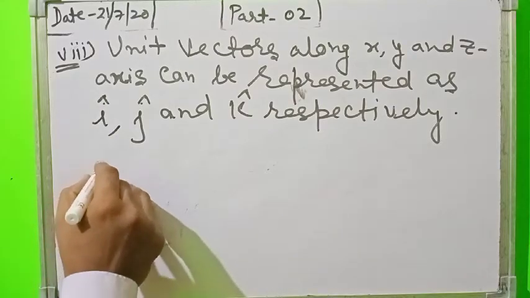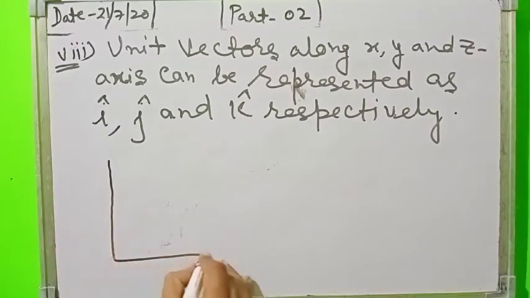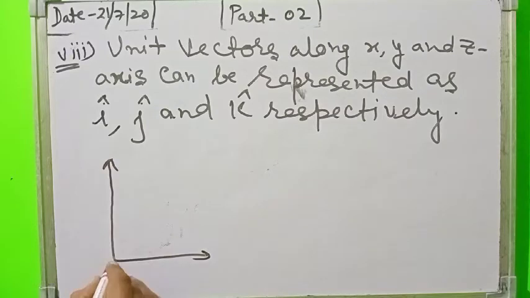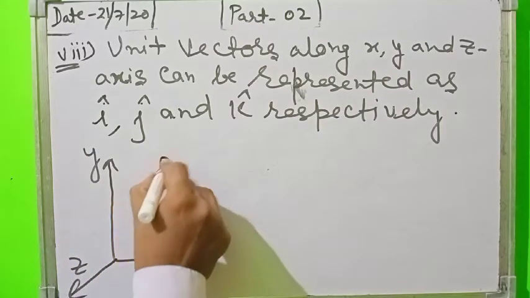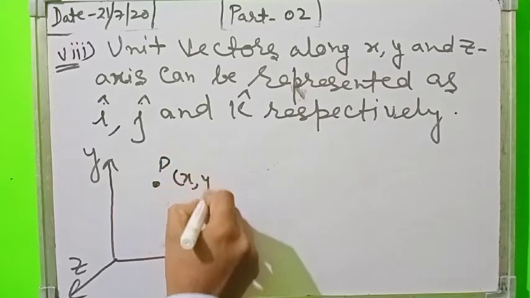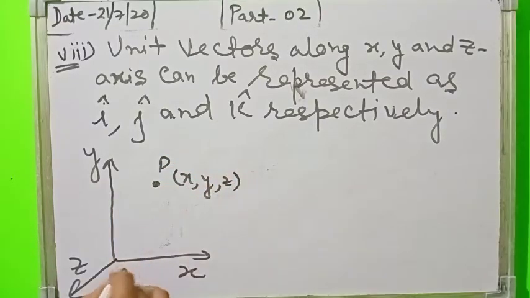So if I want to say that there is a 3 coordinate axis, look here and try to understand. This is x, y and z axis, and suppose there is a point P in the space having its coordinates x, y and z. This is origin.